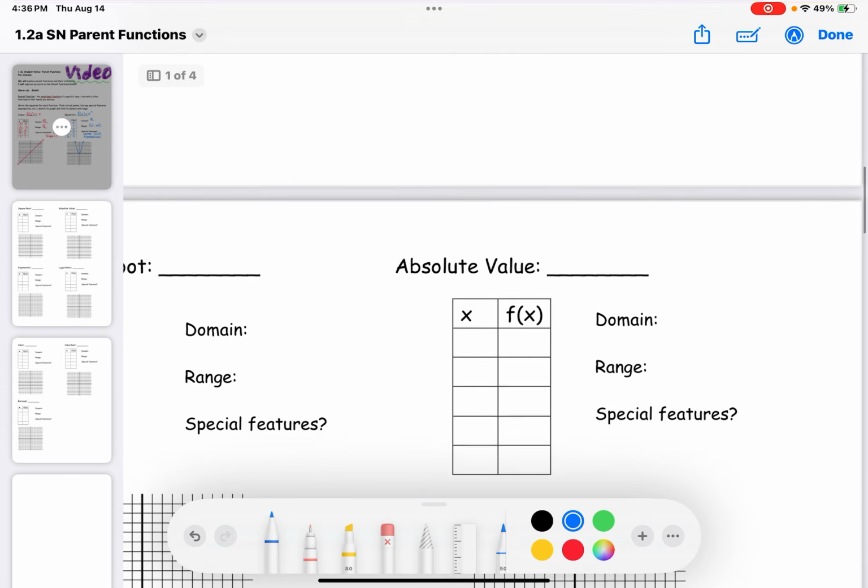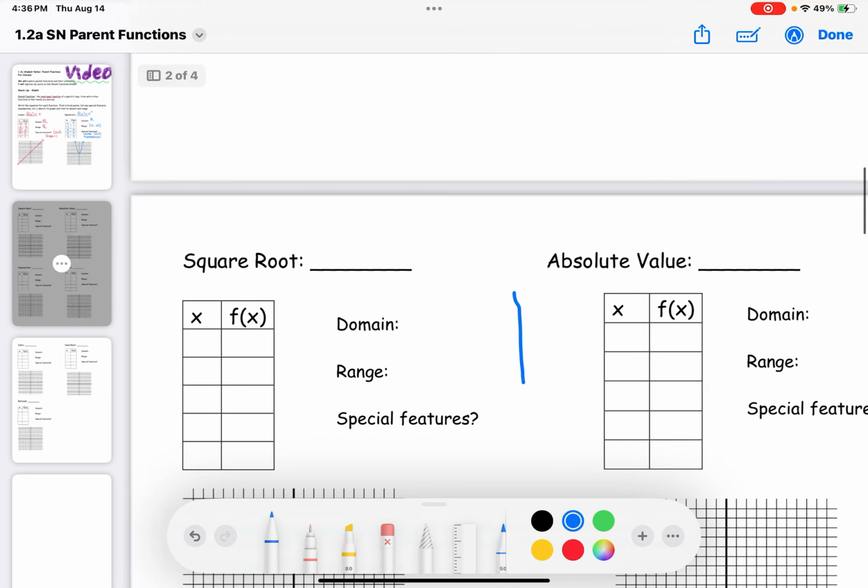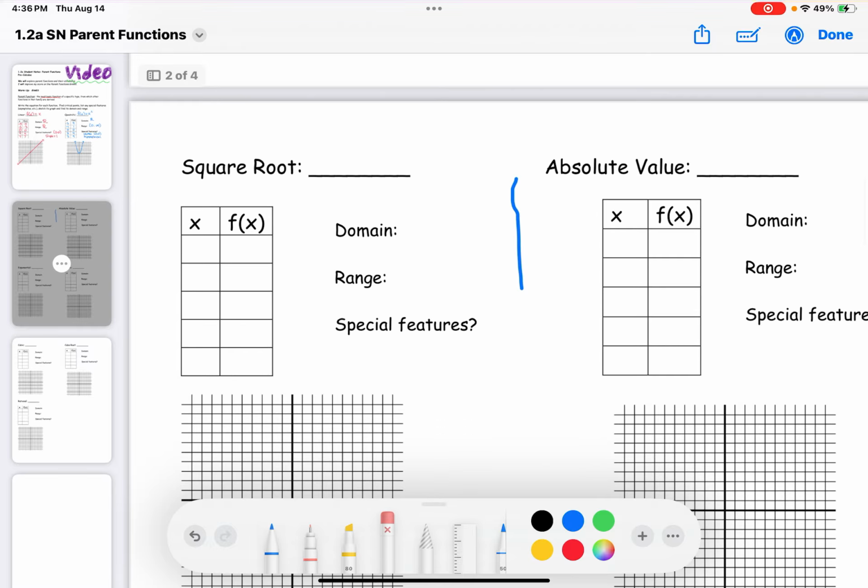Our next function is the square root function, and its parent function is simply f of x equals square root of x. So we want to think about numbers that we actually want to take the square root of.